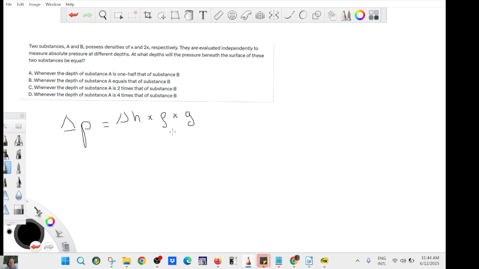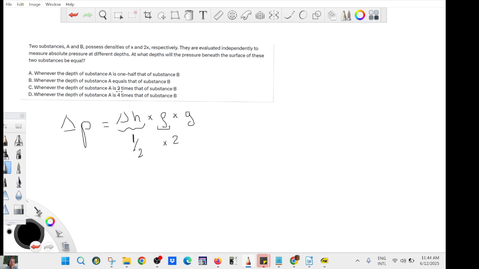So if the density is multiplied by 2, so substance B has a density multiplied by 2, and you want delta P to be the same, then the height should be divided by 2. So it means that B should be half.